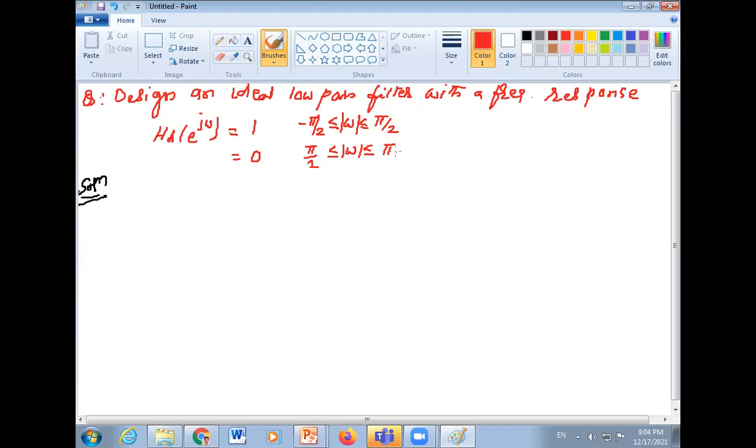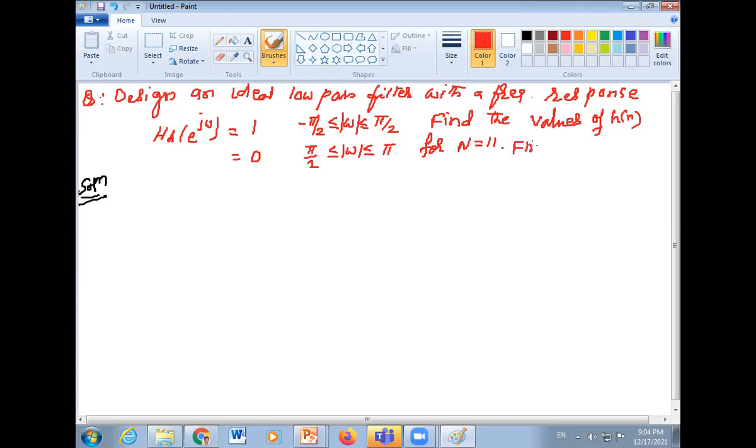After that, find the values of h of n for N equals 11.